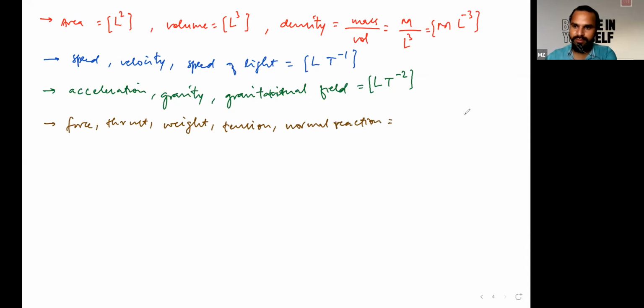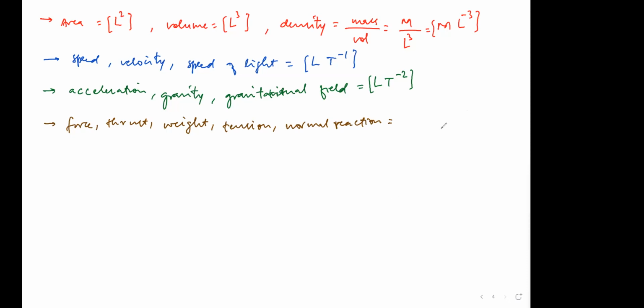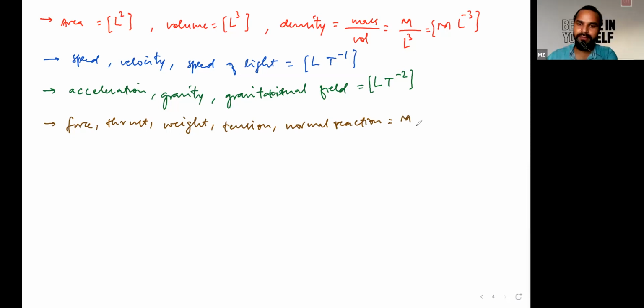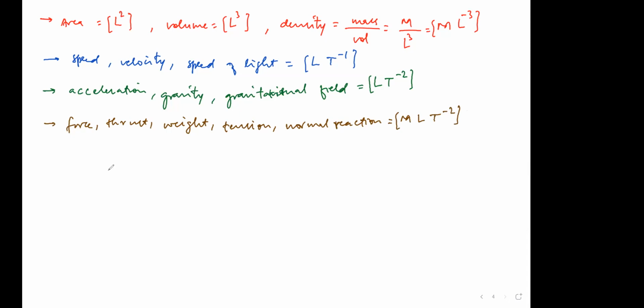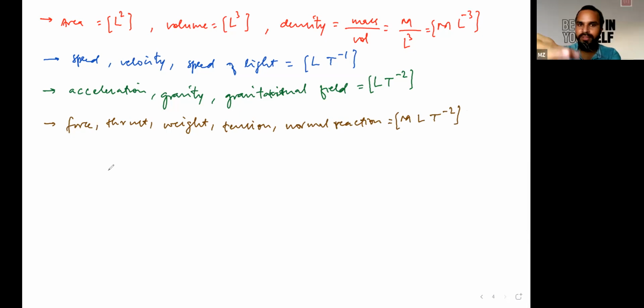Do you know the formula to calculate force? Mass into acceleration. So we have M for mass, and for acceleration it would be L T minus 2. In total, it will become M L T to the power minus 2. The basic ones like speed, velocity, and speed of light you have to learn by heart. I'm just defining some basic dimensions which you should remember so that you can derive the rest.